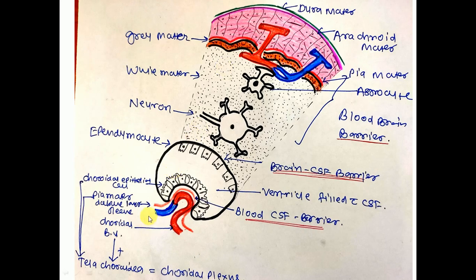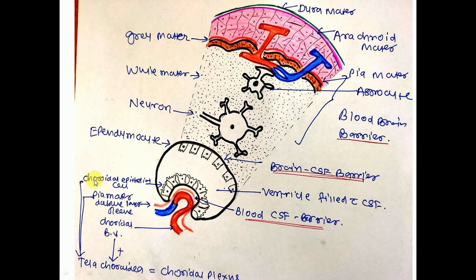CSF is formed from this blood-CSF barrier. Blood circulates around the ventricular cavity, and from this blood, the choroidal epithelial cell filters and secretes the CSF inside the ventricular cavity. This is the process.